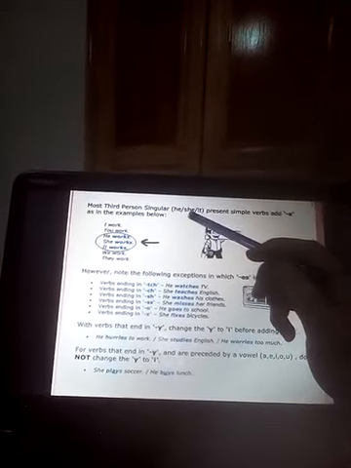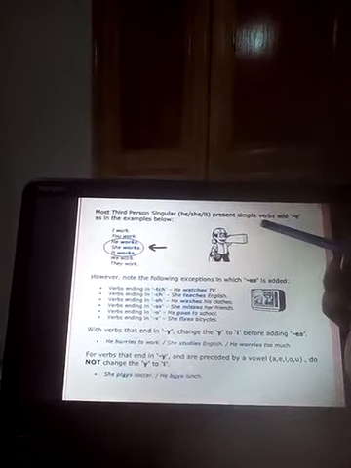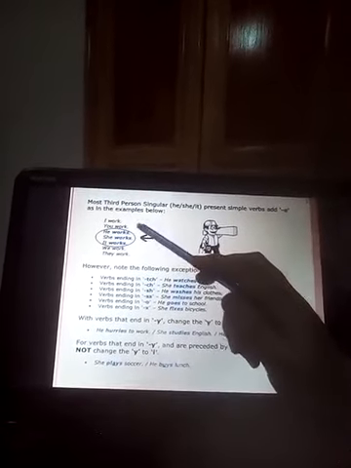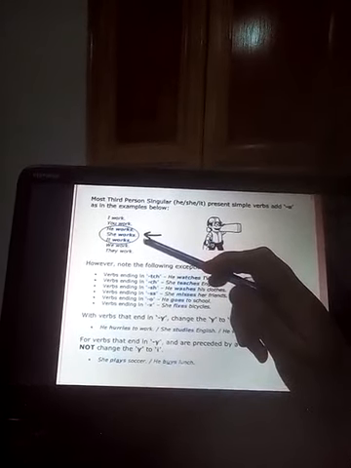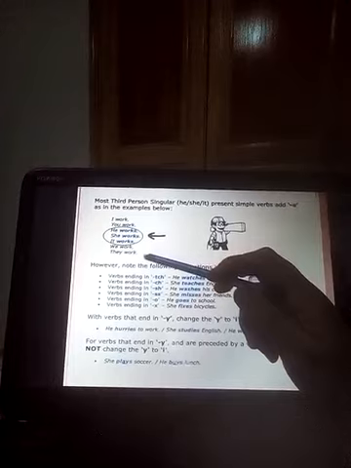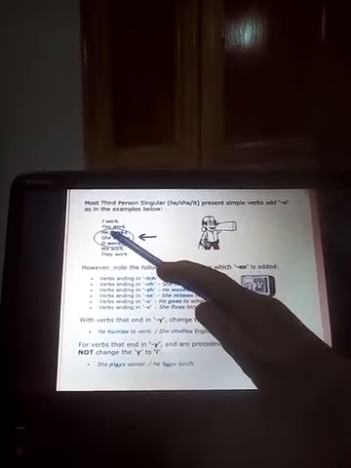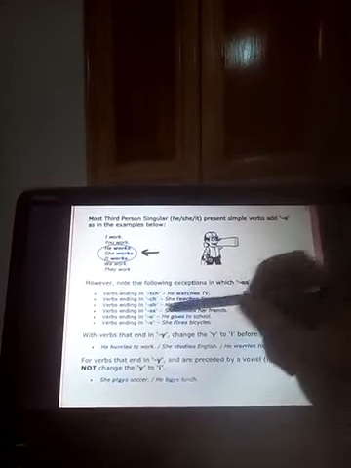So most third person singular, he, she, it, in the present simple, add the S to the verb. As in the example, I work, you work, he works, she works, it works, we work, they work. So notes here, we add the S to the verb with he, she, and it.